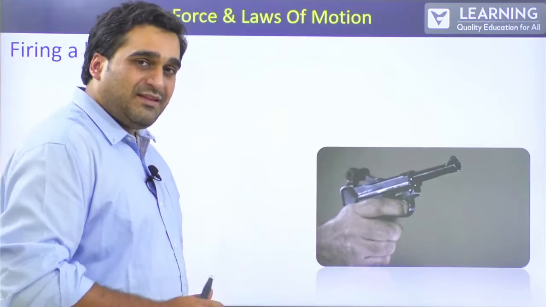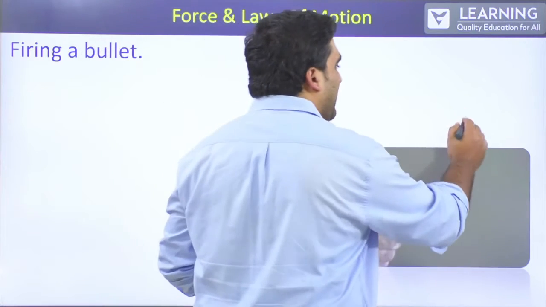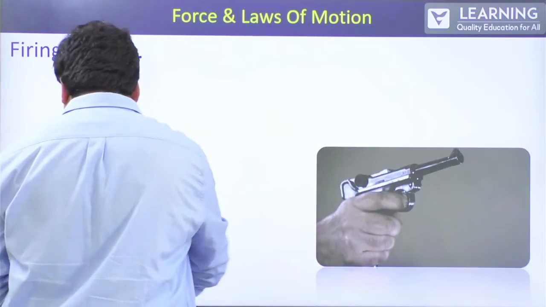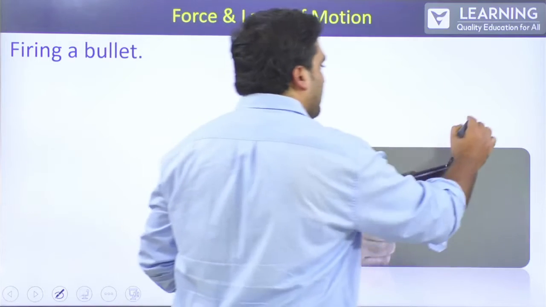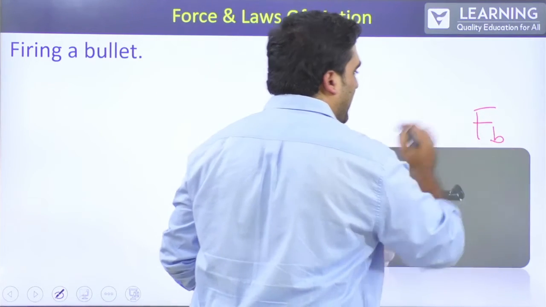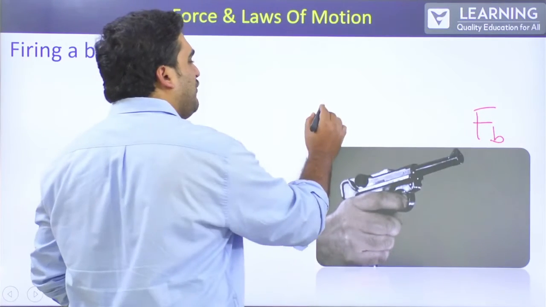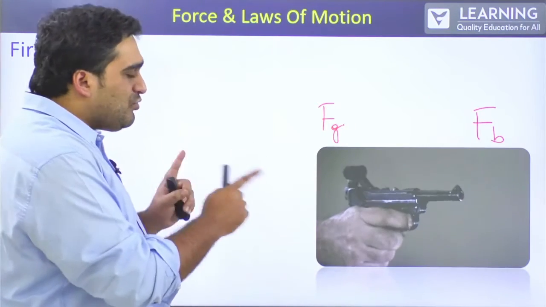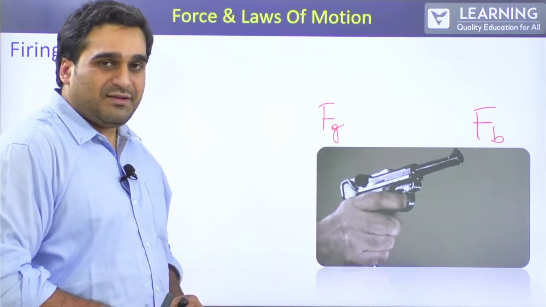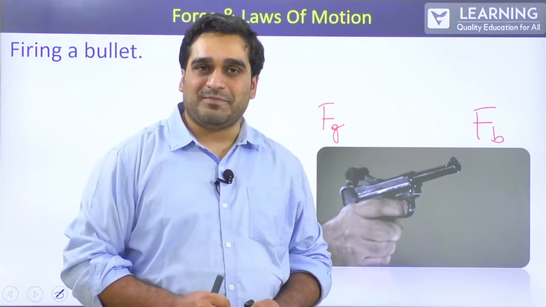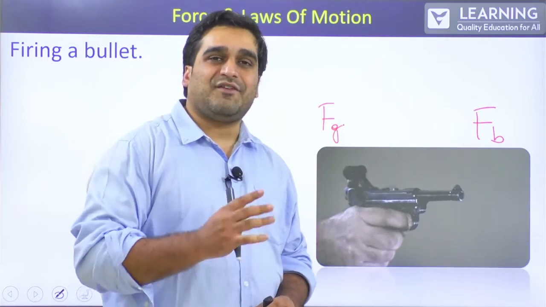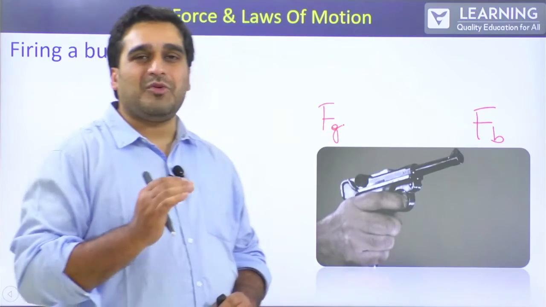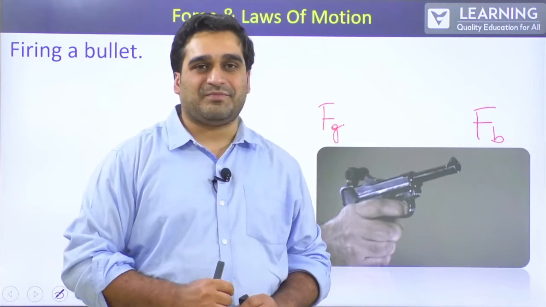Now let us say that the force by a bullet is given by FB, and the force on the gun is given by FG. The two are related to one another by Newton's third law, where it states that for every action there's an equal and opposite reaction.